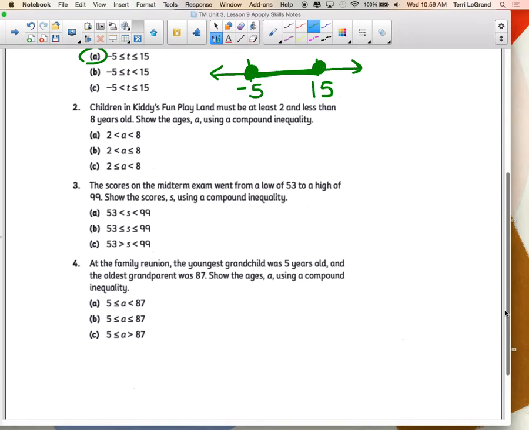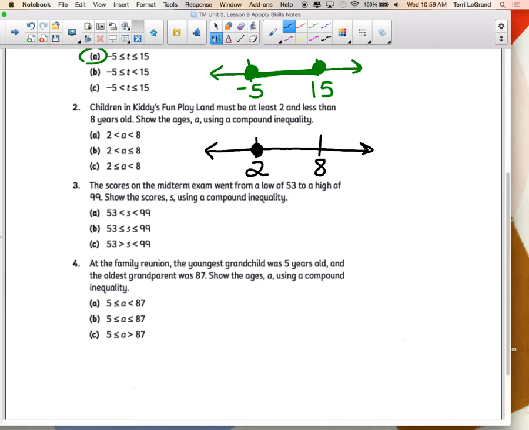Children in Kitty's Fun Playland must be at least 2 and less than 8. So, if I have a 2-year-old grandchild, can I take him in this playland? Yes. Okay.